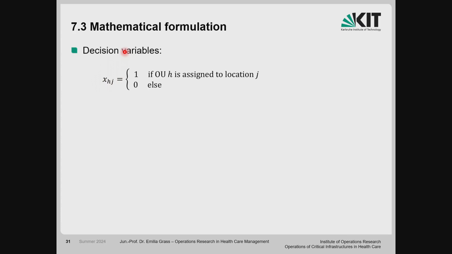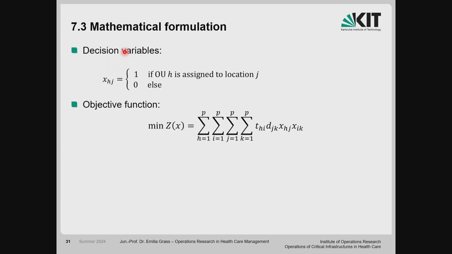Okay, and B is assigned to room 2 and so on. And the objective function has 4 terms. So we have the intensity, so how many patients or how much material we have to transport between these two, the distance between these two organization units, and x here and x there.